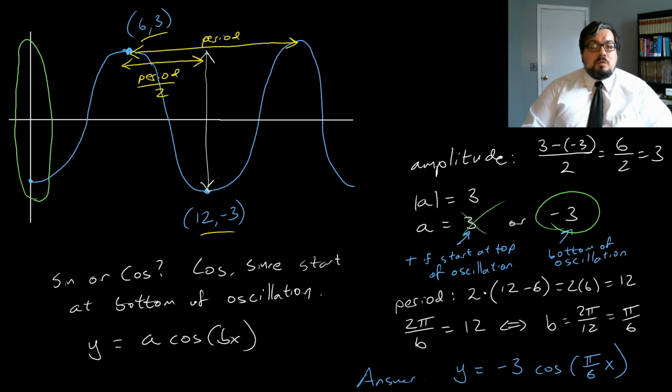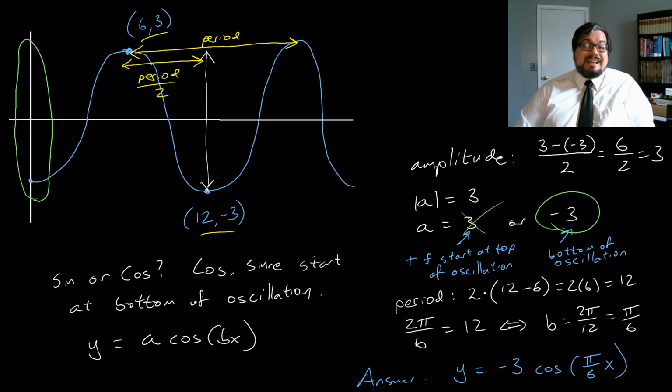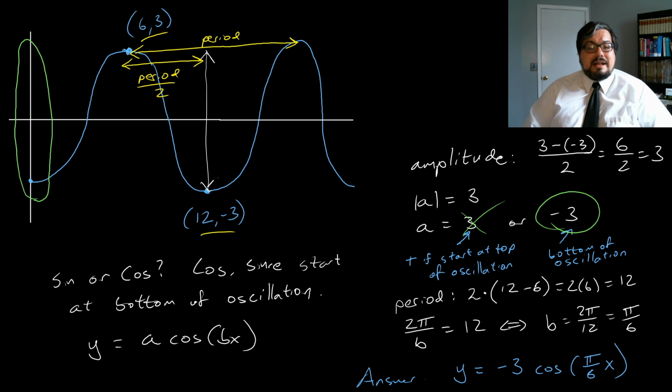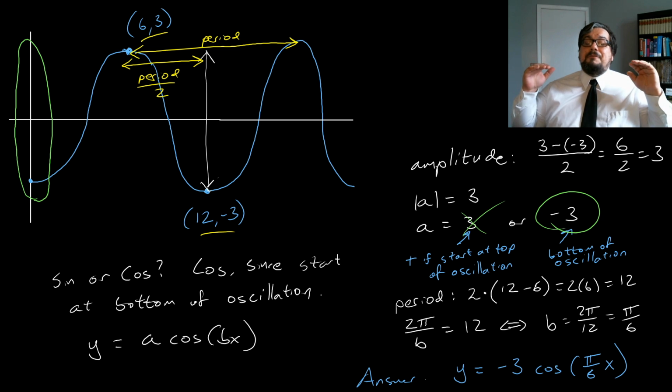One place that you might run into this particular problem here is you might be looking at the tides at a particular location, and you might be measuring them over time. And you might say that at, say, 6 a.m., the water level was 3 feet higher than normal, than average.